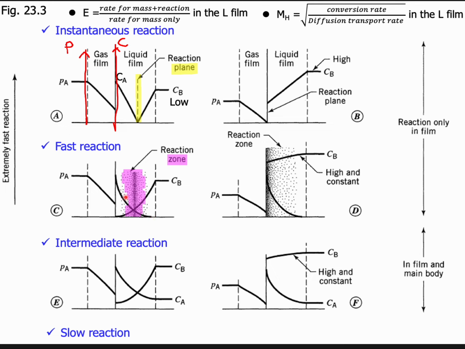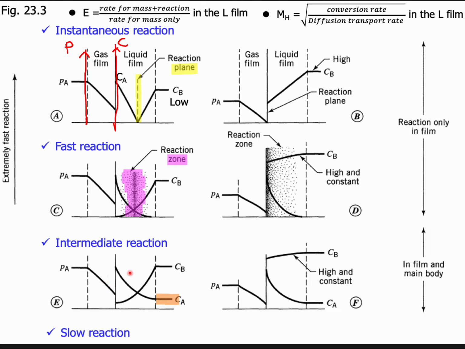But you can imagine if the chemical reaction gets slower, then the reaction will include the film layer and the bulk liquid. So the reaction can start from here and continue into the bulk liquid. So for these two, the instantaneous reaction and the fast reaction, the reaction only happens in the film layer.